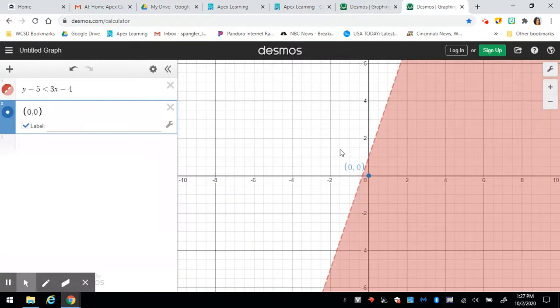So I went ahead and did that. So here is the equation y minus 5 is less than 3x minus 4. And as you can see, point 0, 0, or the origin, would work for this equation because it falls within our shaded area.